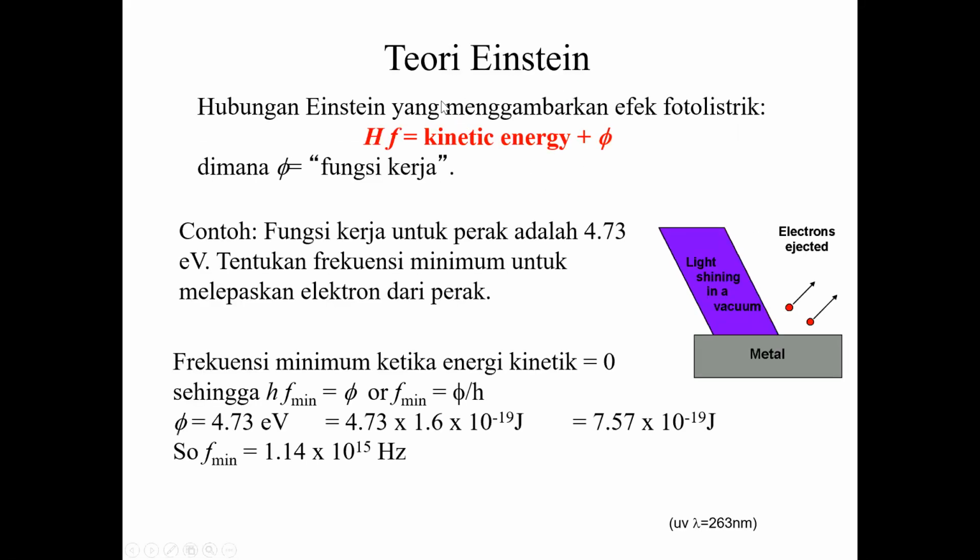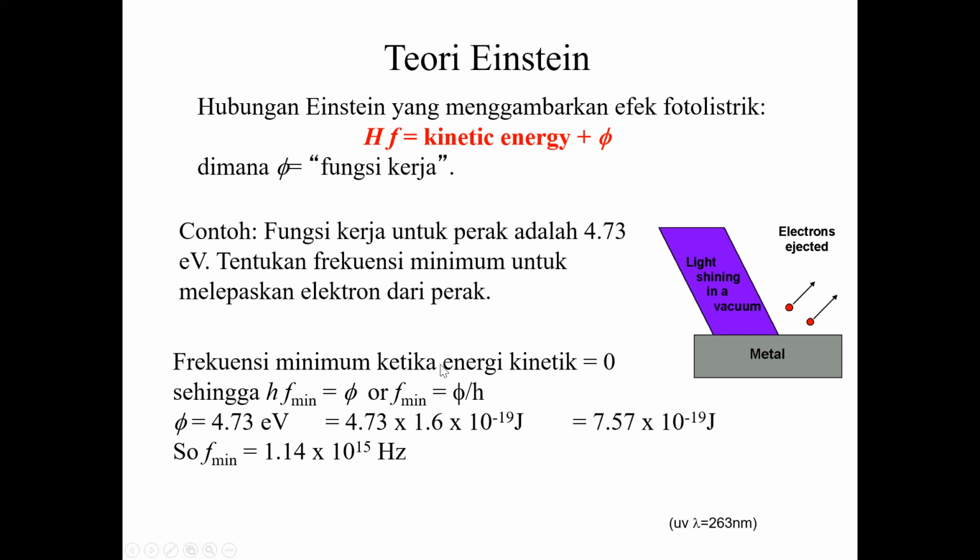Okay, this formula we call the Einstein relation of the photoelectric effect. The energy of the incoming photons is equal to the kinetic energy of the electron plus the work function phi. For example, for silver we have a work function of 4.73 electron volts, and we determine the minimum frequency for an electron to be released from the silver atom.